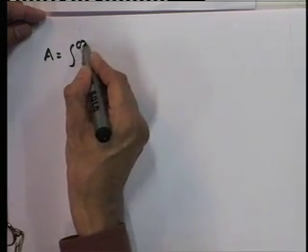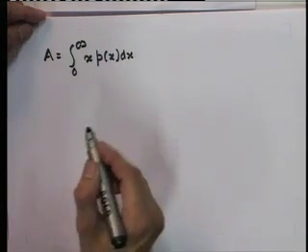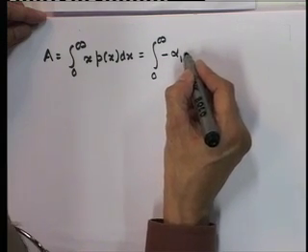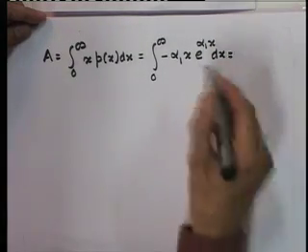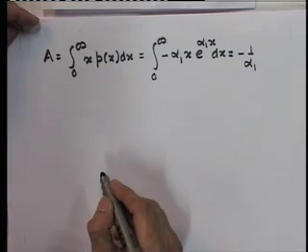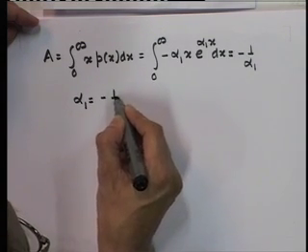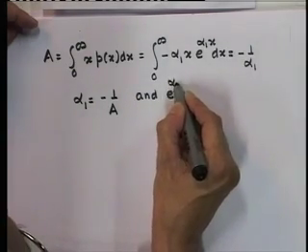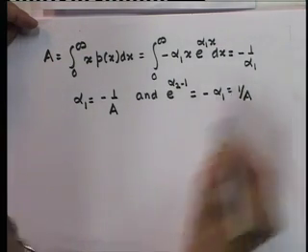A is equal to the integral of x p x from 0 to infinity, which is minus alpha 1 x e raised to alpha 1 x dx, which can be simplified as minus 1 over alpha 1, which implies that alpha 1 is equal to minus 1 by a, and e raised to alpha 2 minus 1 is equal to minus alpha 1, which is 1 by a.